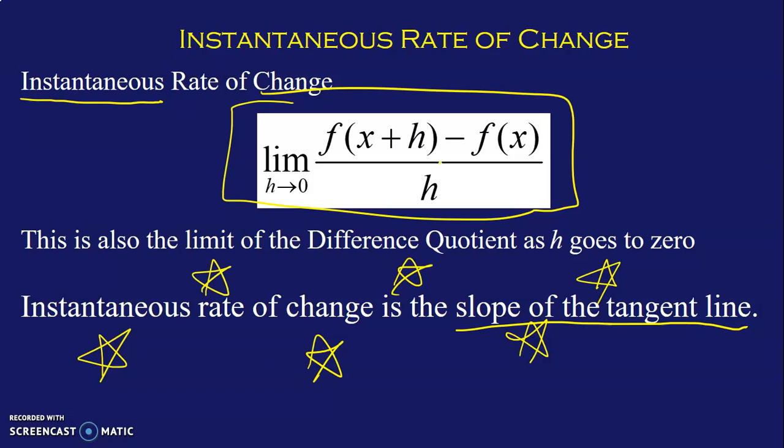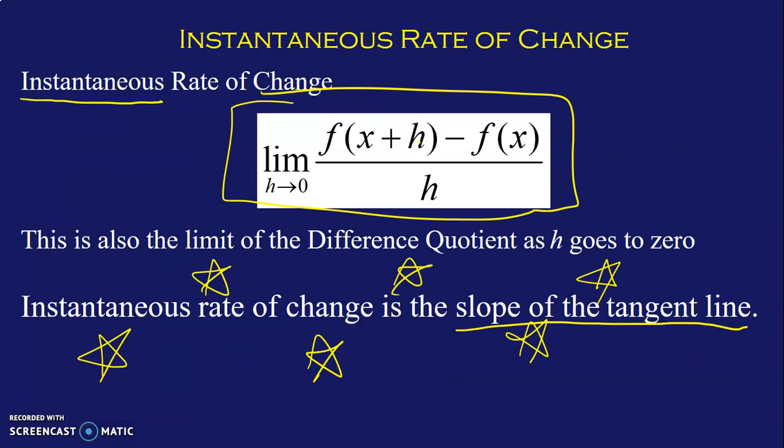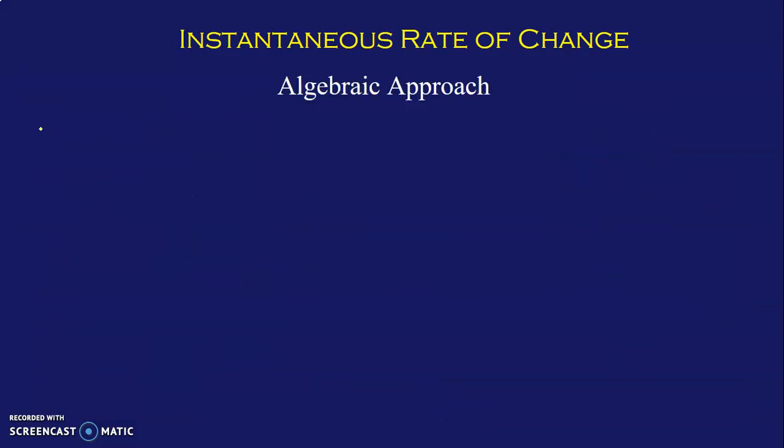Okay, let's look at this specific problem we were working on back here, the algebraic way. So, going back to my original problem, y equals 16t squared, and I want to know what is the instantaneous speed at t equals 3 seconds.